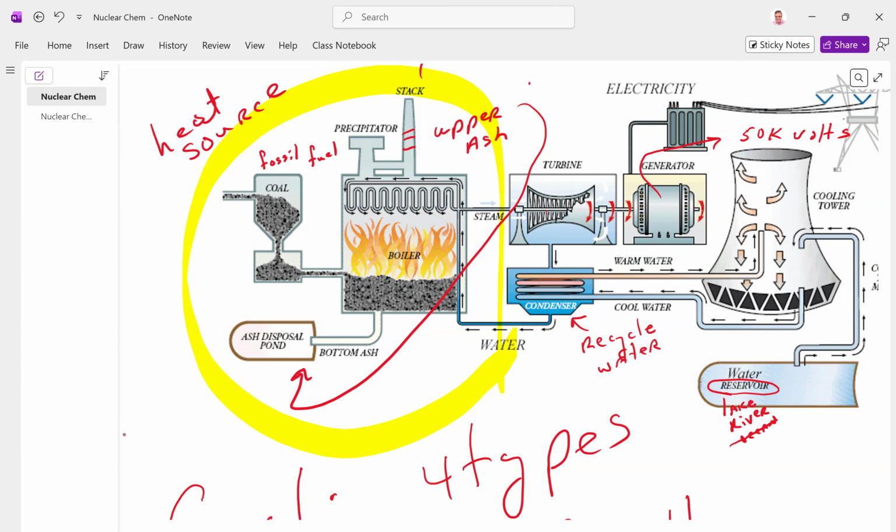So we have to condense it back to liquid water. Okay, and that's the purpose of the cooling tower. It cools the water to condense the steam into liquid water. Most modern power plants, coal or nuclear, have cooling towers.